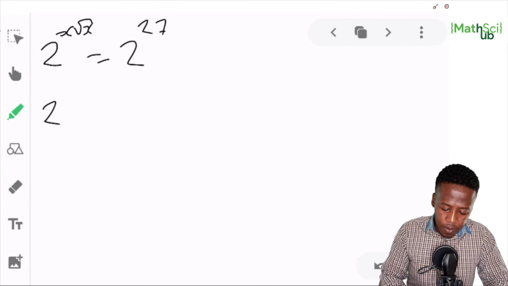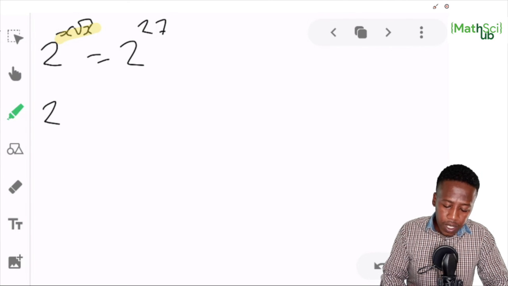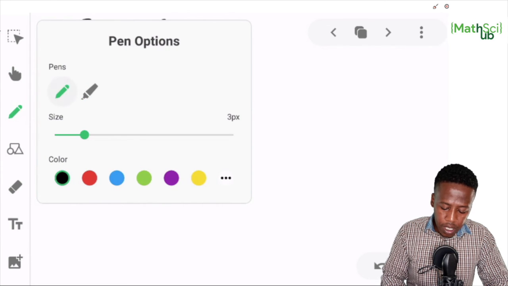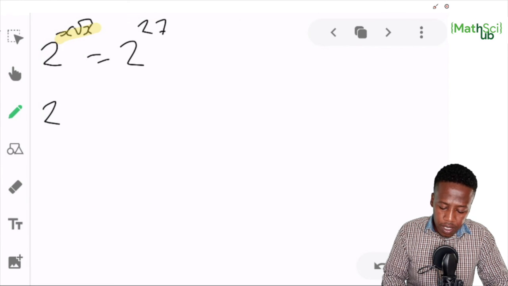You have your x as exponents. Now we need to get them down, right? We need to write them as variables, and we need to get rid of this root here. Now remember, a root of something, in this case a root of x, is the same as x to the power of a half.